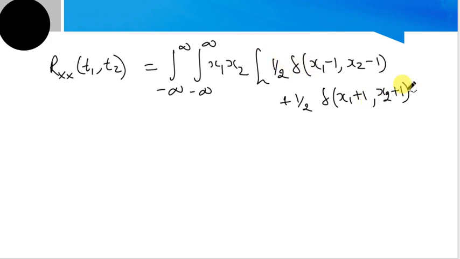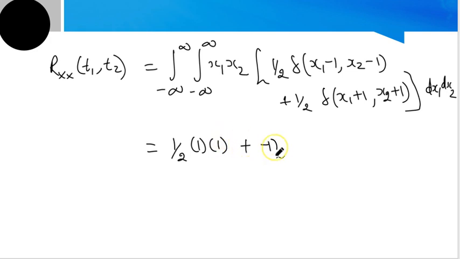For this I need to integrate with respect to x1 and also with respect to x2. This value, however, is half into 1 into 1 plus the probability here is minus 1 into minus 1 into half. Total value will become 1.